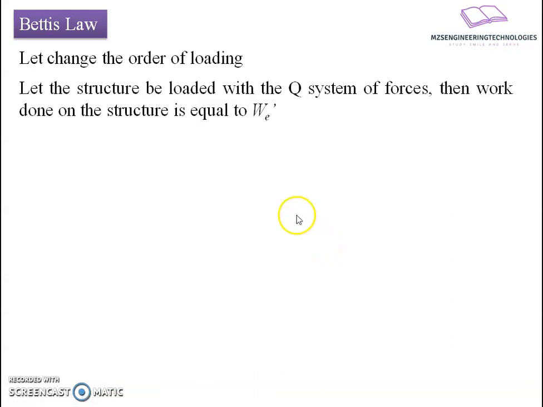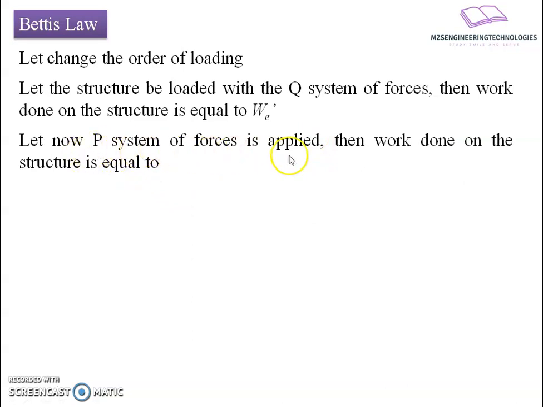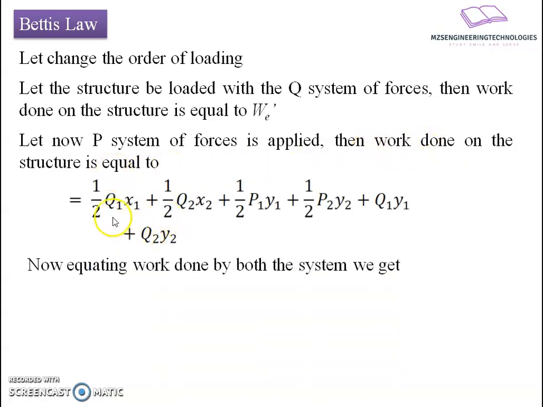In similar fashion, if I reverse the loading, let the structure be loaded with the Q system of forces first. Then the work done on the structure will be equal to W dash. Now let the P system of forces be applied, which is going to cause additional distortion y1 and y2. Then the work done is equal to 1/2 of Q1 x1 plus 1/2 of Q2 x2 plus 1/2 of P1 y1 plus 1/2 of P2 y2.